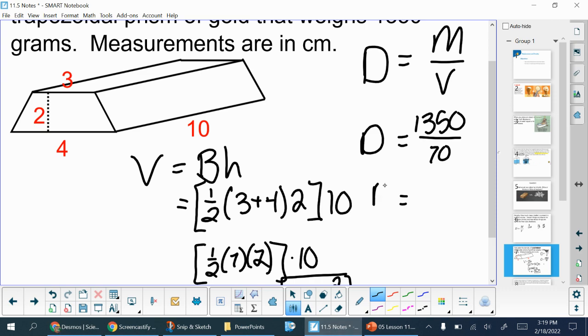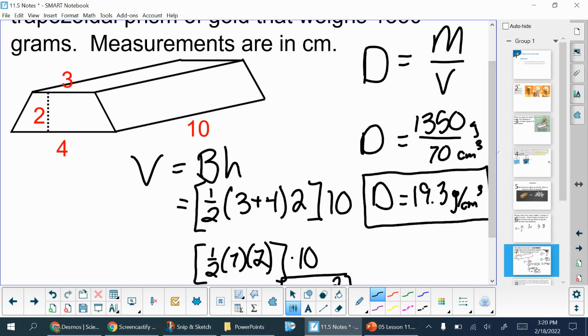So my density is 19.3, and since this was grams and this was centimeters cubed, my units would be grams per cubic centimeter, which is a really common density unit as long as you're in the metric system.